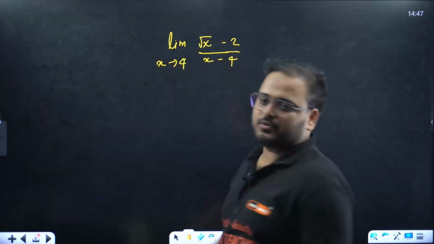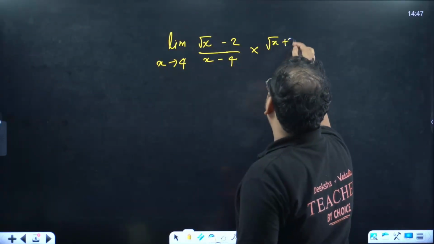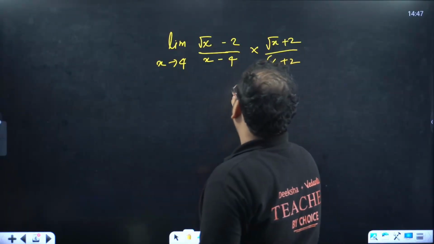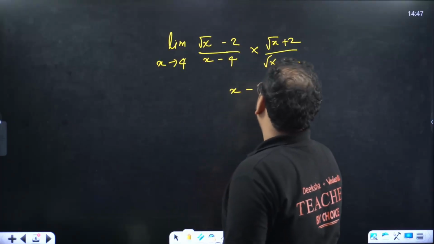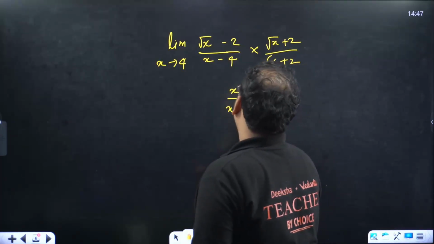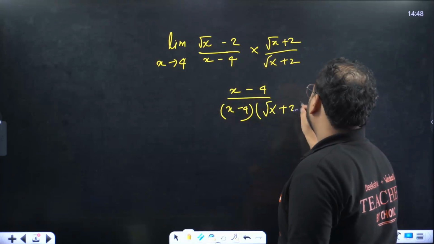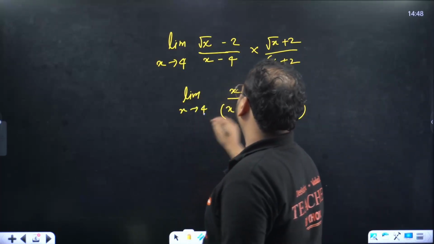So we can rationalize it over here. Let's look. We can multiply by root of x plus 2 and root of x plus 2. Rationalize, you're going to get root x squared, so x minus 4 upon x minus 4 times root x plus 2, limit x tends to 4.